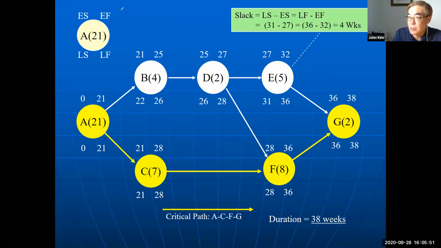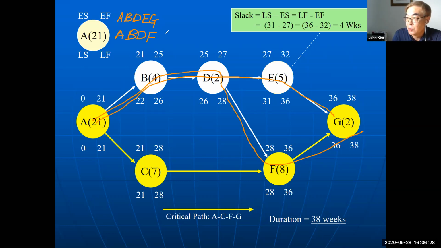The first possible path is A, B, D, E, G. And then the next one is A, B, D, F, G. And then the last one, this path, A, C, F, G.